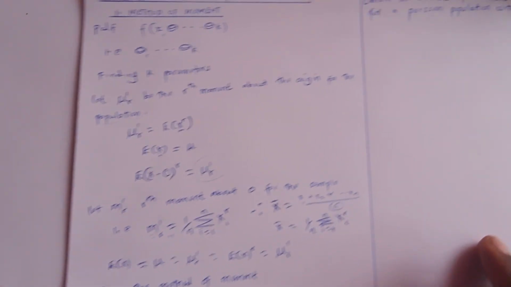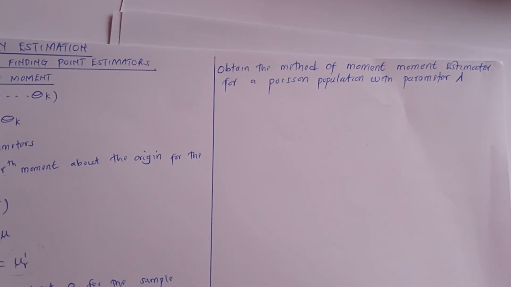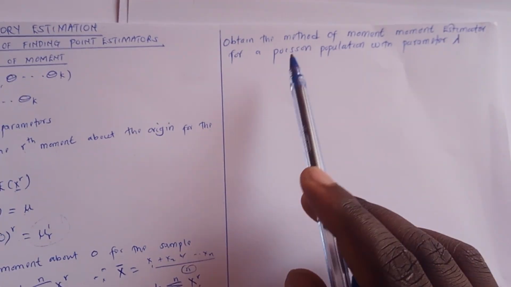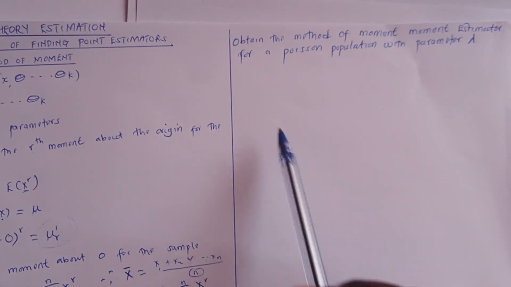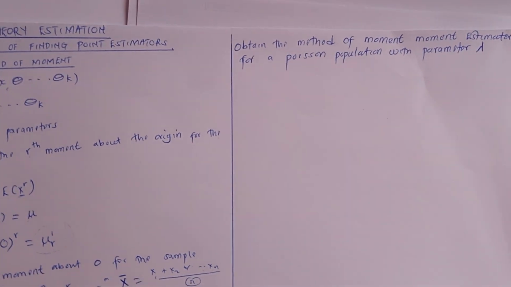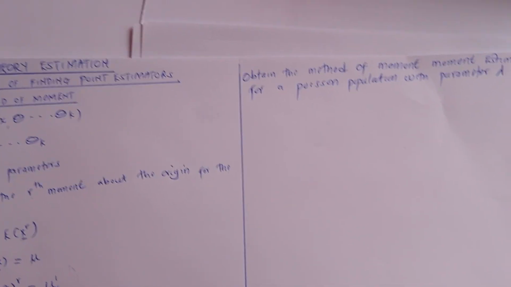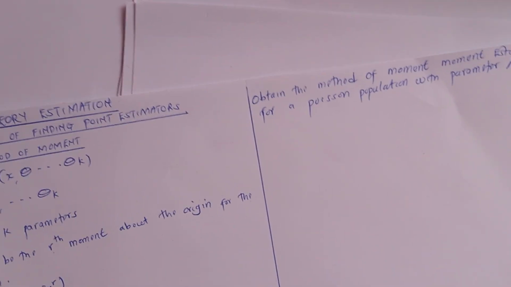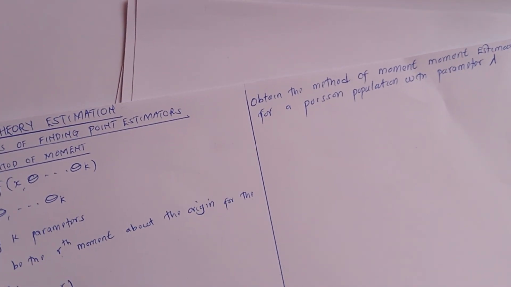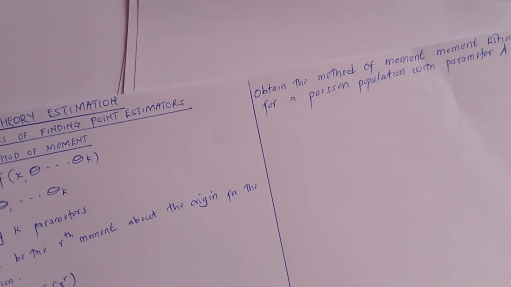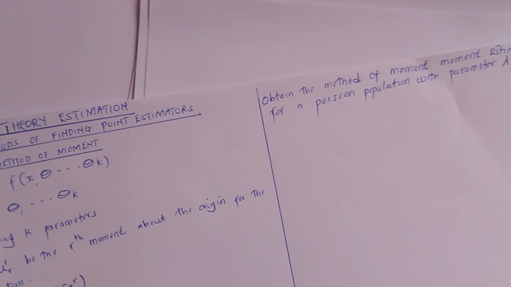Now, let us look at a very short example for us to understand what we have just done. Given a question, obtain the method of moments estimator for a Poisson population distribution with parameter lambda. The first step when deriving the method of moments is that we must have the probability density function of that population distribution.